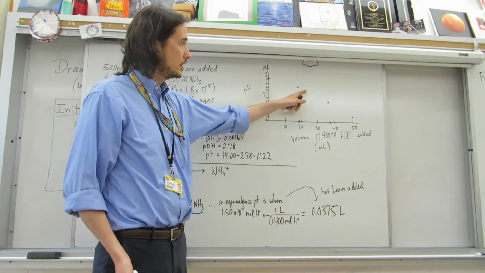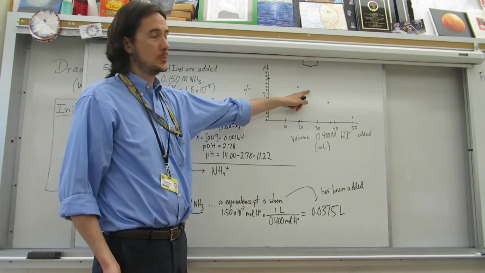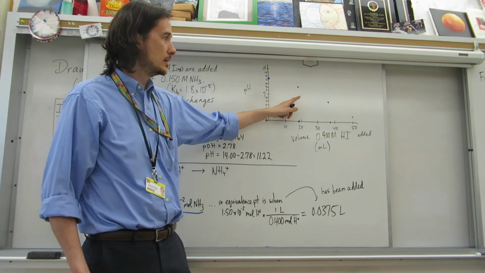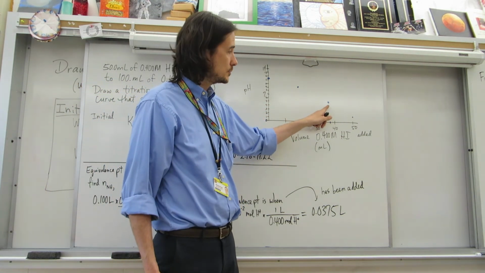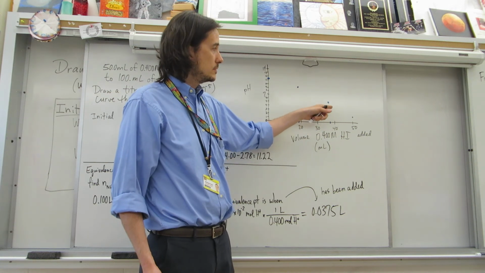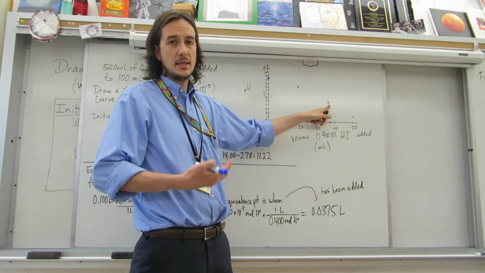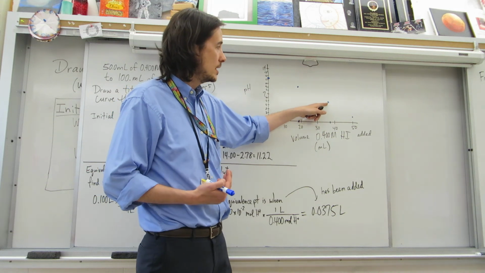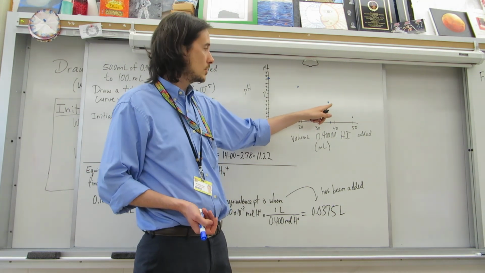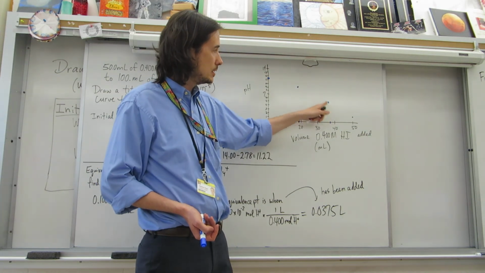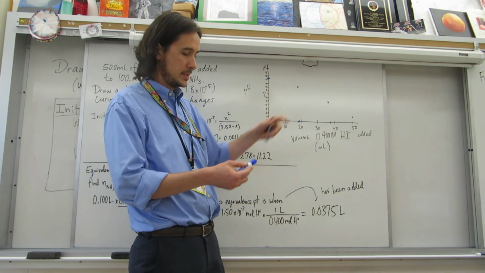So you're going to have a very minimal slope right around the half equivalence point. Conversely, when we get to the equivalence point, beyond this point, there is no weak base left to accept protons. So the pH will change very rapidly, very close to the equivalence point. So there should be a very steep slope here and a very gradual slope here.